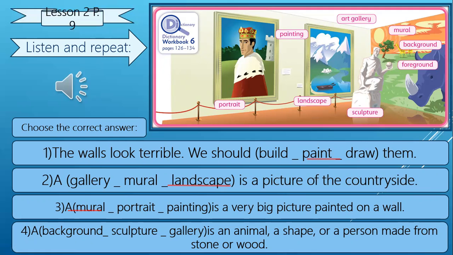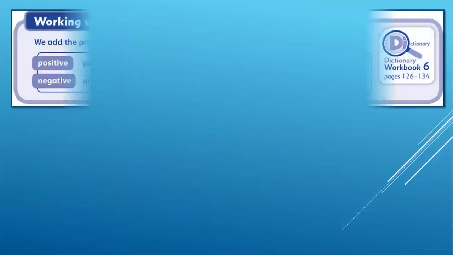So it's an animal, a shape, or a person made from stone or wood. So what is this? Very good. Sculpture. The sculpture is a shape or a person made from stone or wood. Okay, is it clear? I hope so. Let's move on to the next slide.